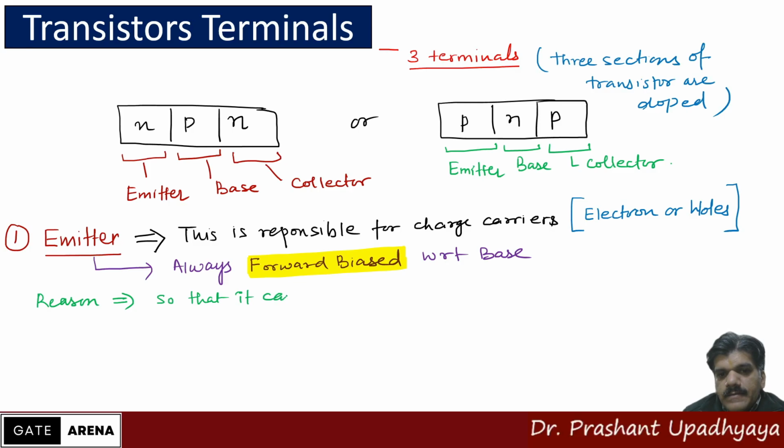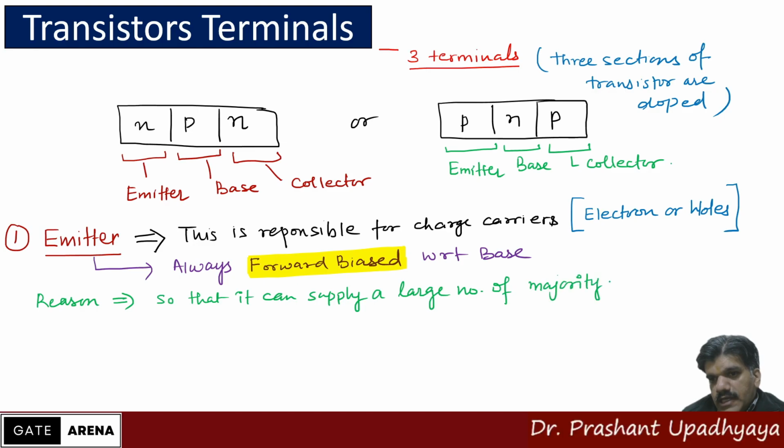it can supply a large number of majority charge carriers. So we say it should always be forward biased so that it can supply a large number of majority charge carriers.